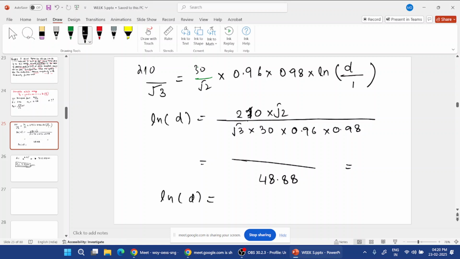So it will be how much? Let me calculate it again for you. 210 into root 2, so it will be 296.98.